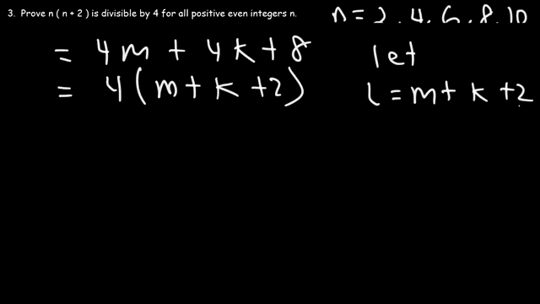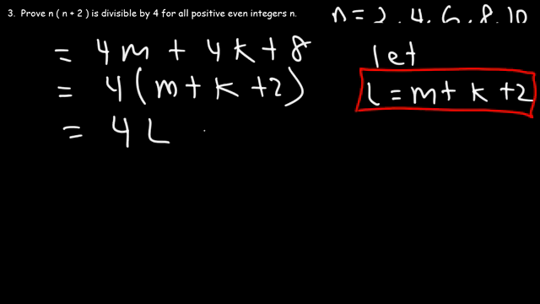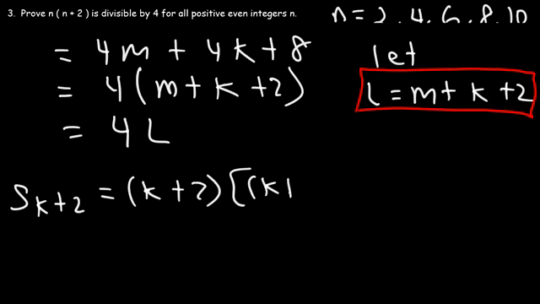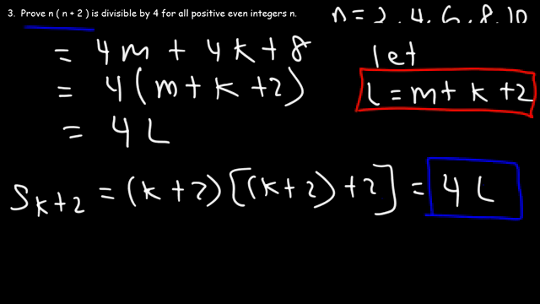M and k are both integers, so m plus k plus 2 has to be another integer, which we'll call L. So this is equal to 4 times L if we replace this with L. And that's basically it. So s sub k plus 2, which was k plus 2 times k plus 2 plus another 2, all of that is equal to 4 times some integer L, which means that the original expression is indeed divisible by 4.